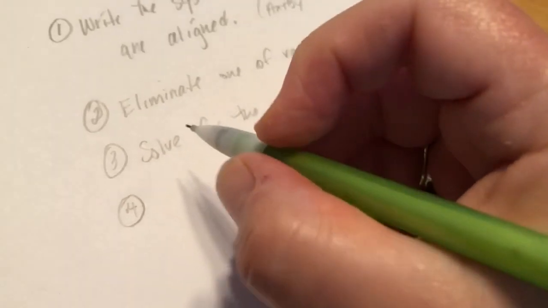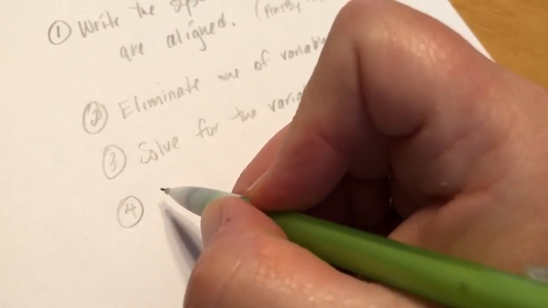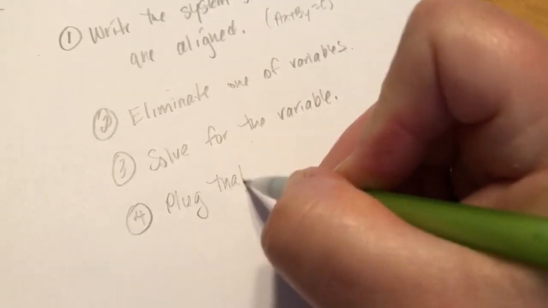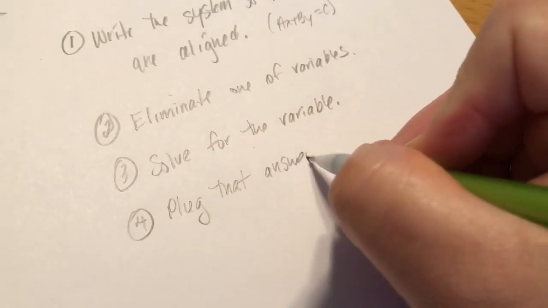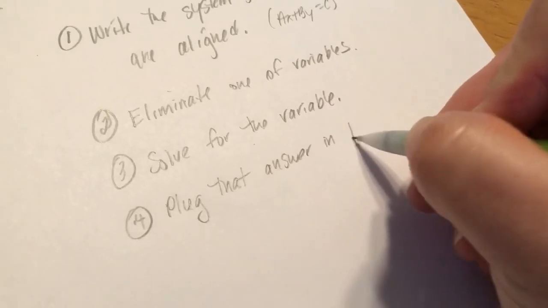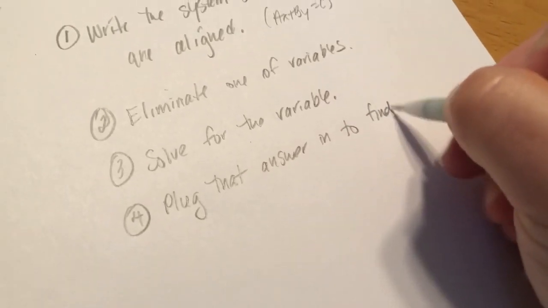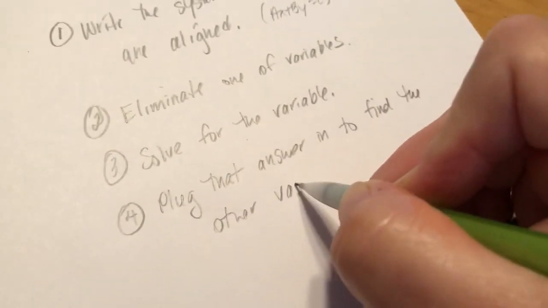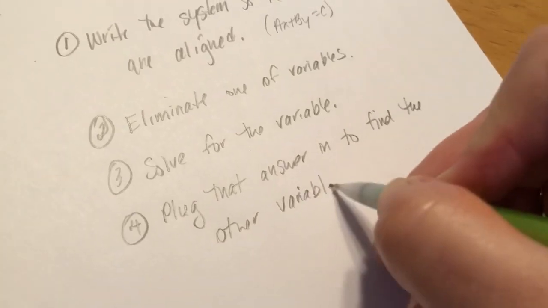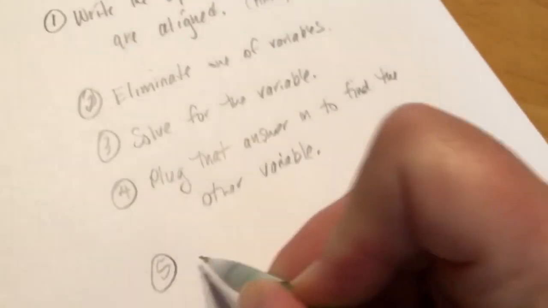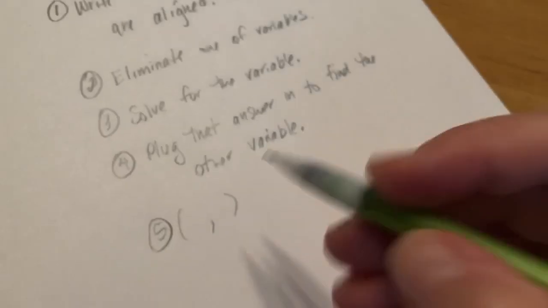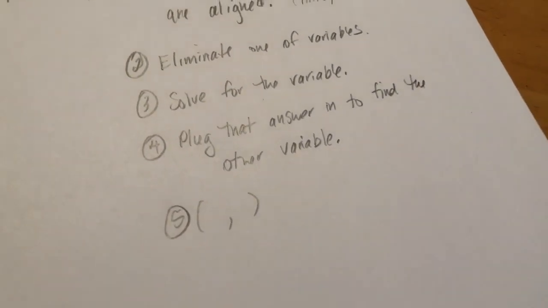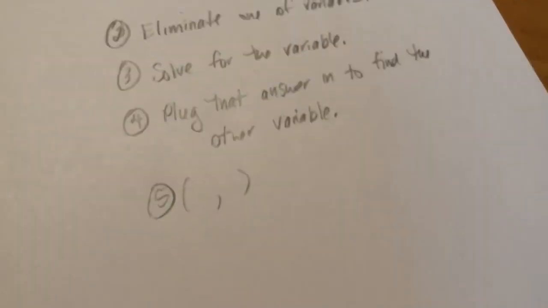And then step 4, we will plug that answer in to find the other variable. Okay? And then step 5, our answer will always be written as an ordered pair.